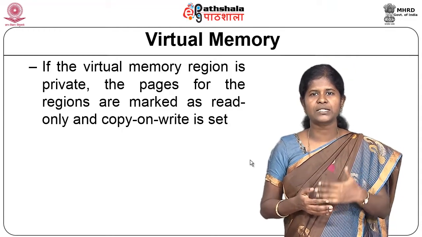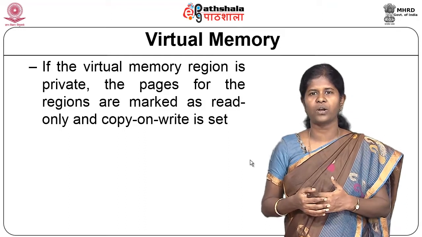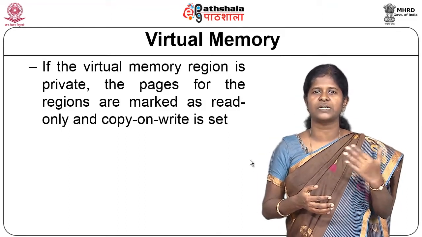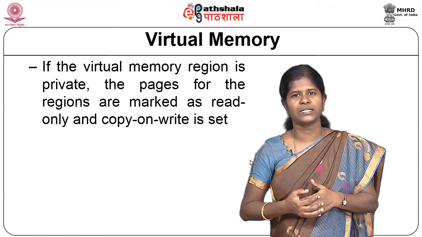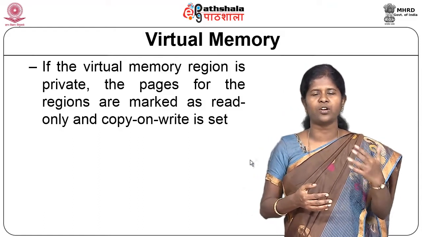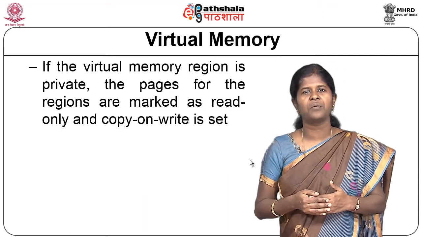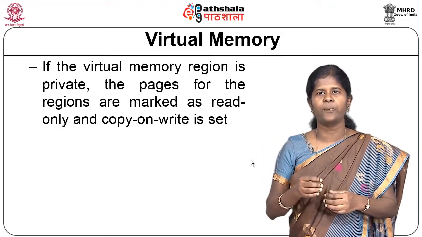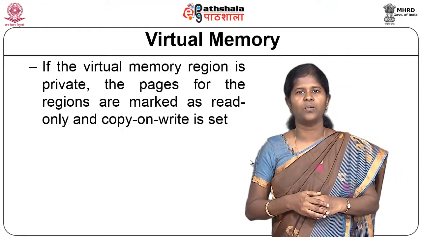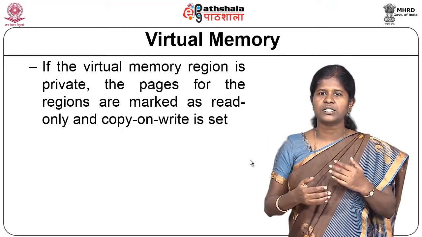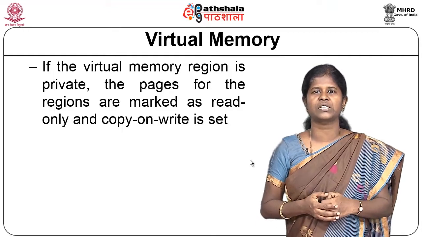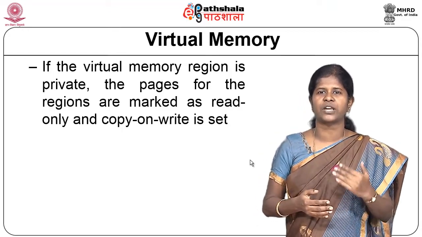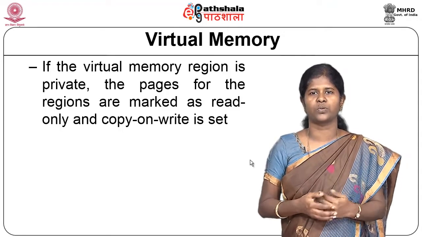Now, when the child is created as a part of fork, the child is also going to use the same data region. What is done is that initially the copying of the data region is not done, but the data region is marked as read only and the copy on write bit is set. Now, say the parent is trying to write into that region first, then a copy will be created for the process which is trying to write and it will work on its own copy.